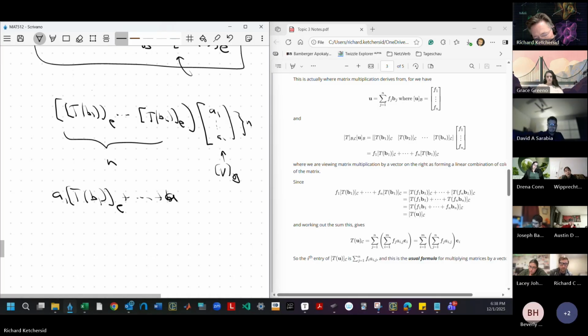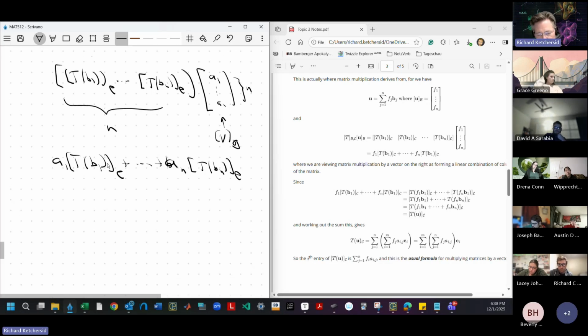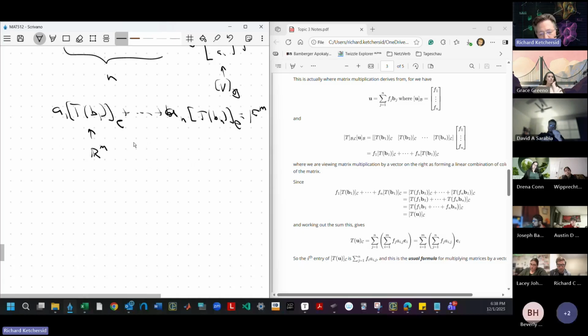a_1 through a_n times the columns, right? So the result of this thing is that each of these things are in F^m, so the result is, of course, in F^m. Right. So that might not be your standard way of thinking about matrix multiplication. So as an example, I do 1, 2, 3, 3, 2, 1.